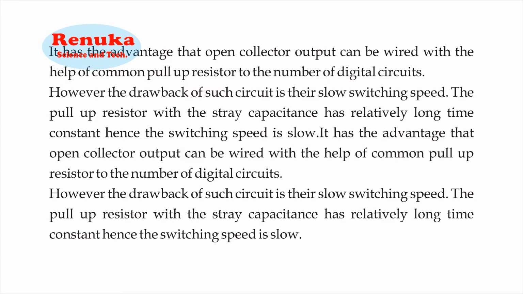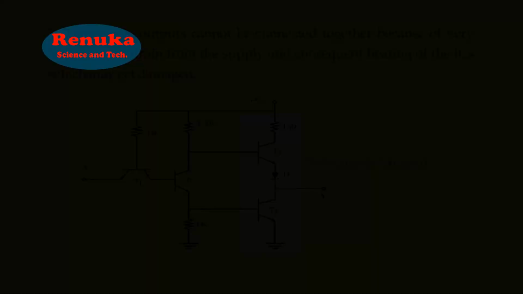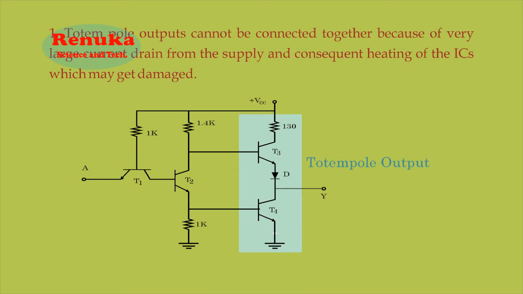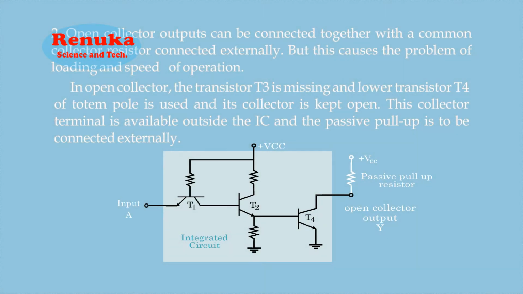So in open collector, transistor T3 is removed and the collector is taken out, and that is the meaning of open collector. If totem pole output is taken, there will be a problem of large current drain and heating of the IC. And if open collector outputs are taken, there will be a problem of loading and speed of operation.